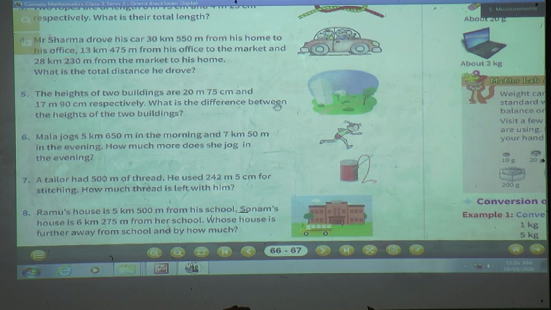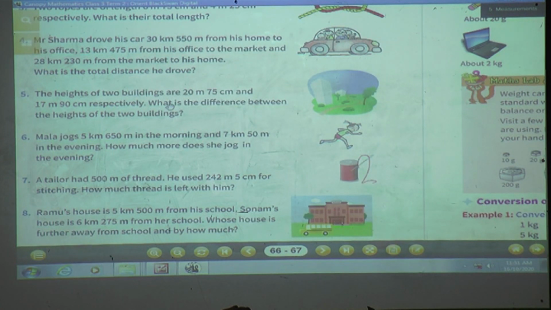What is the difference between the heights of the two buildings? See here, what is the question? The height of two buildings are 20 meter 75 centimeter and 17 meter 90 centimeter respectively. And the question is, what is the difference between the heights of the two buildings?